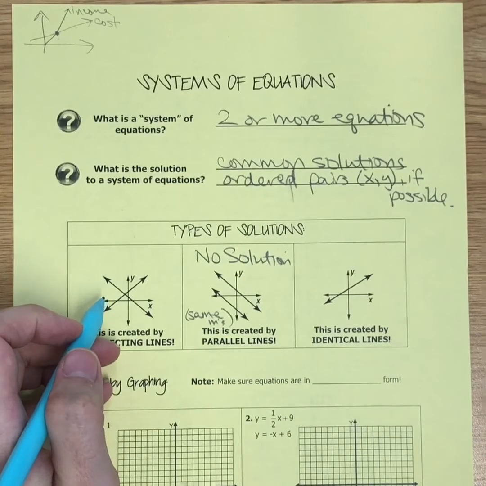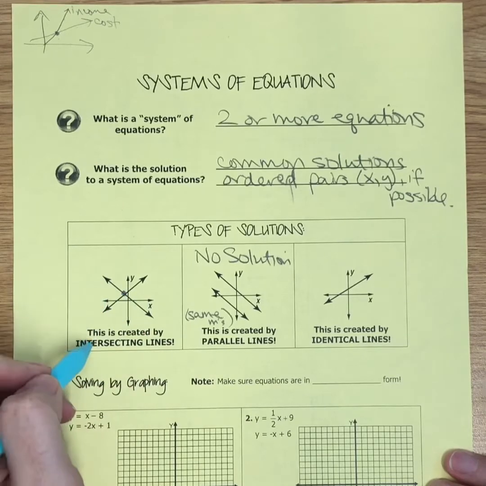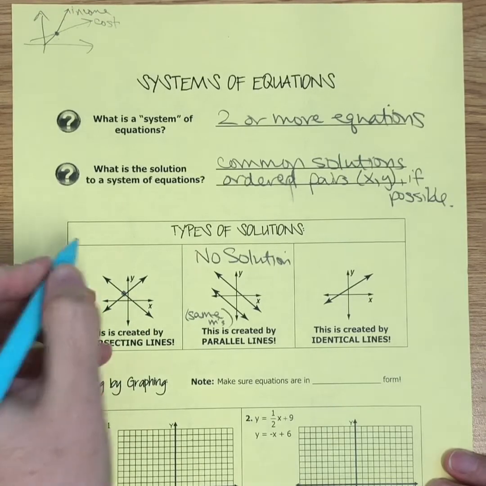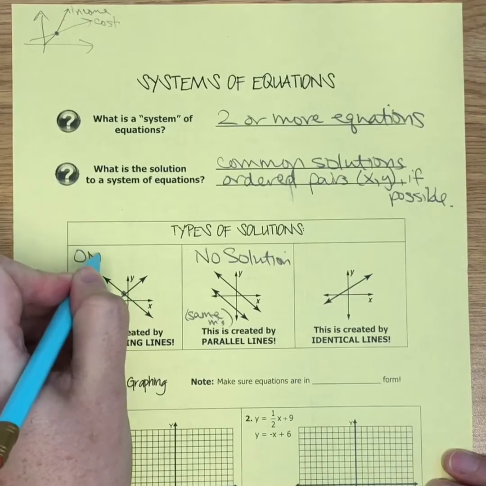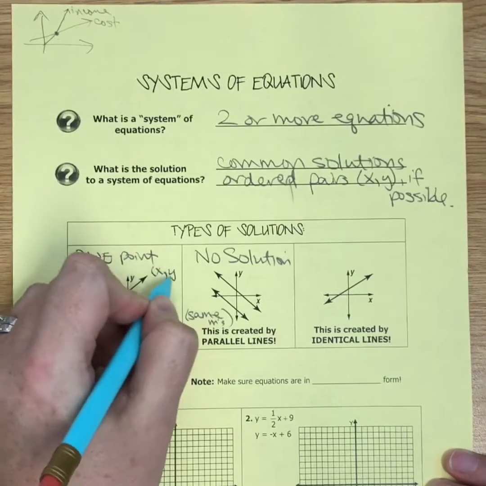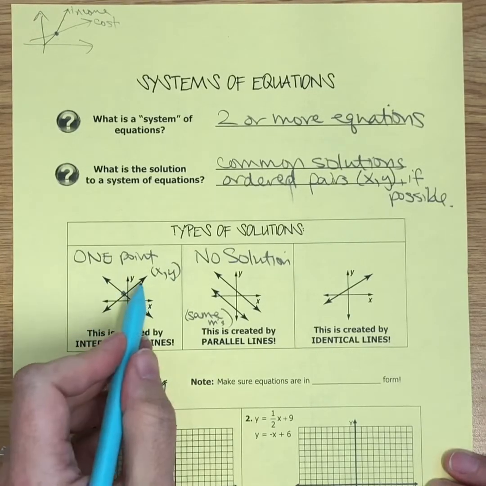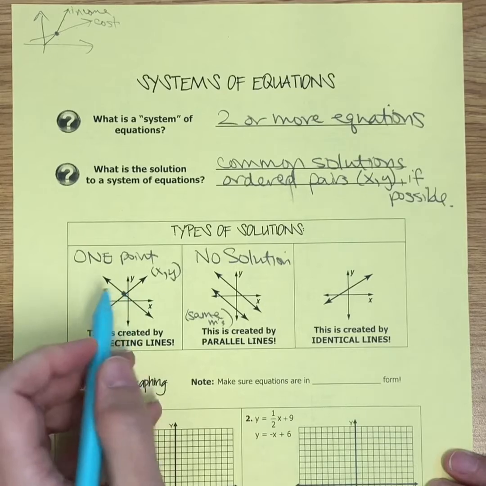Normally, I'd say about 90% of the problems you're going to get, the two lines intersect at one point. And so we say the solution is one point, which we always state as an x comma y ordered pair. And again, it's created because the lines intersect at one point.